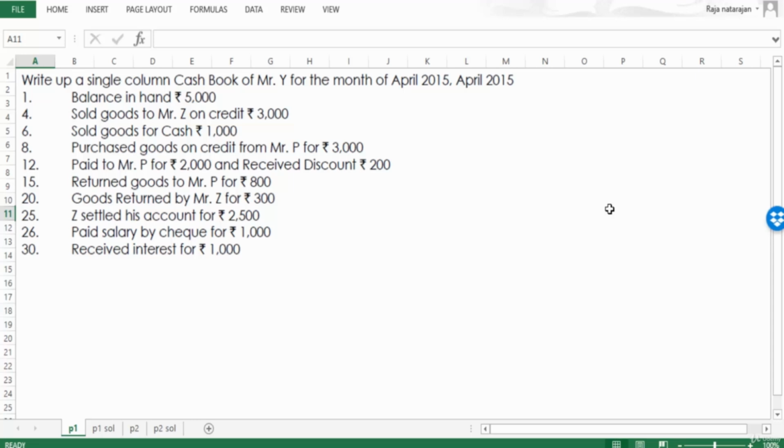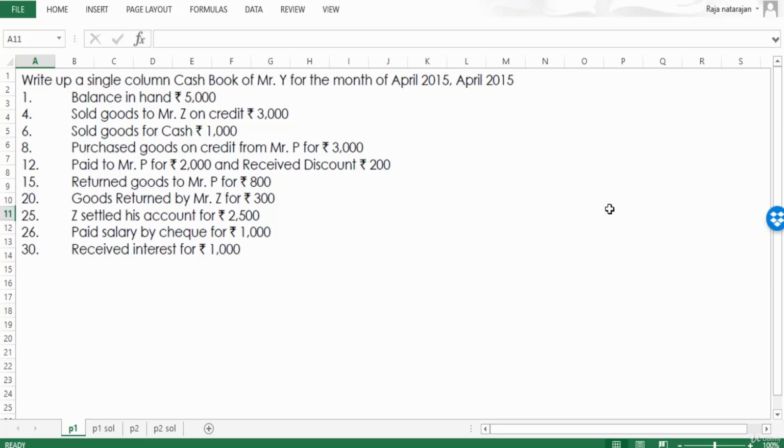Z is basically a customer. He purchased goods on credit for 3,000, and he had returned goods worth 300. So he has purchased only for 2,700, but he is settling 2,500. It means some kind of a discount is given to him.